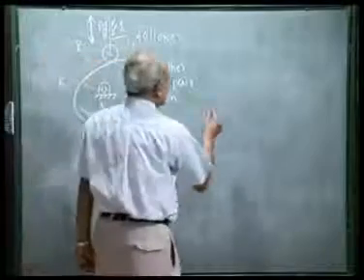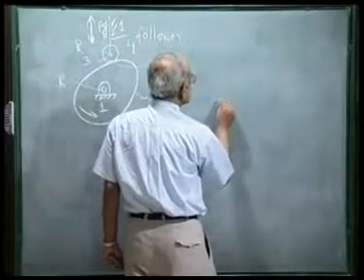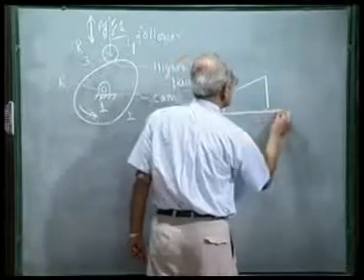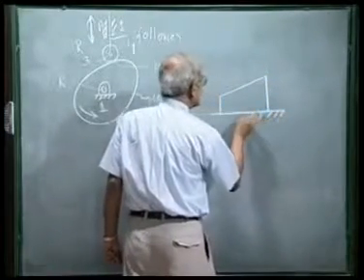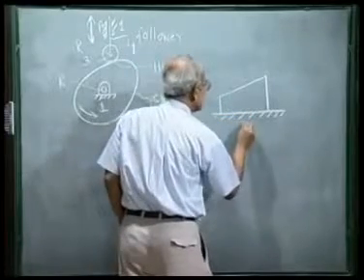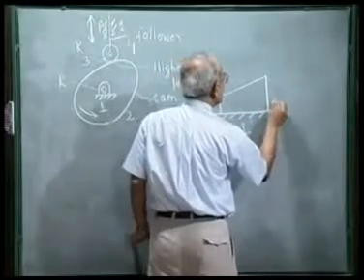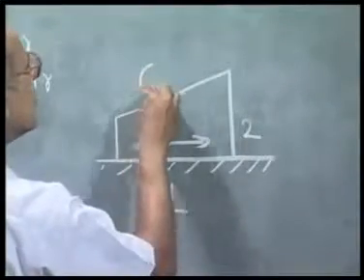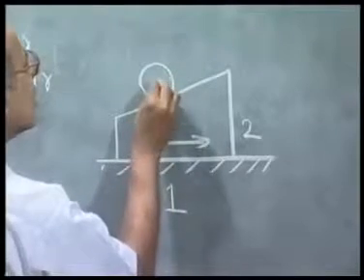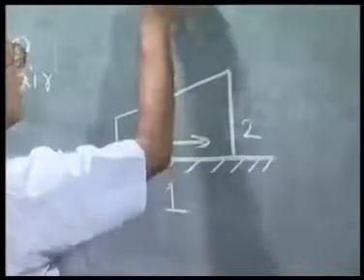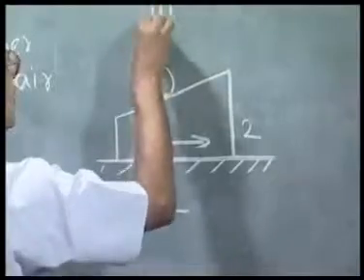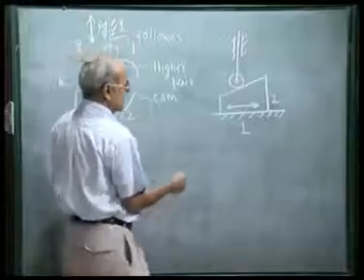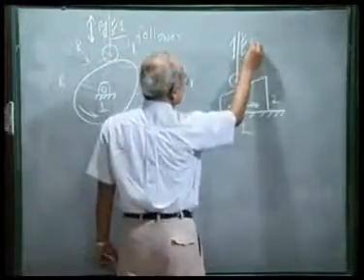Similarly, we can have a wedge cam, which may look like this. Here again we have a 4-link mechanism. This is the fixed link 1.